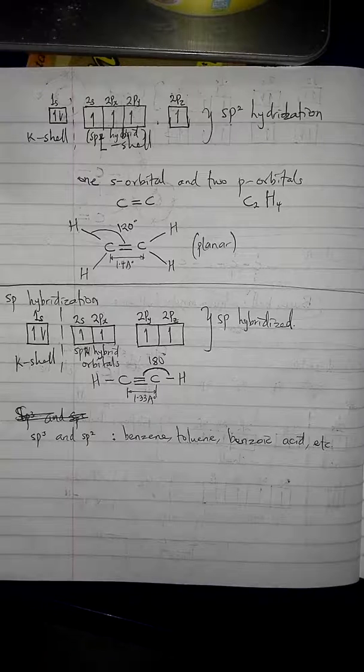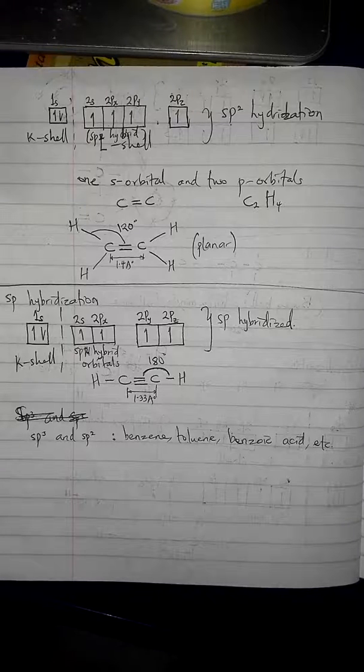Then we also talked about hybridization, which is in three categories. You can have sp3 hybridization, sp2 hybridization, and sp hybridization. We already saw that sp3 hybridization leads to the formation of carbon to carbon single bonds because there are no unhybridized orbitals in that case, as we have seen from the diagram.